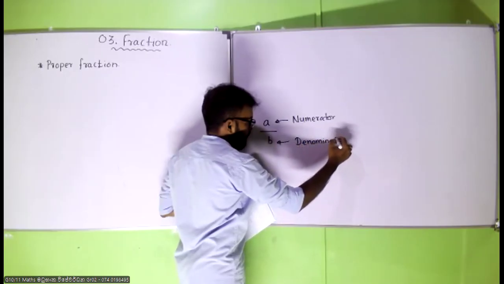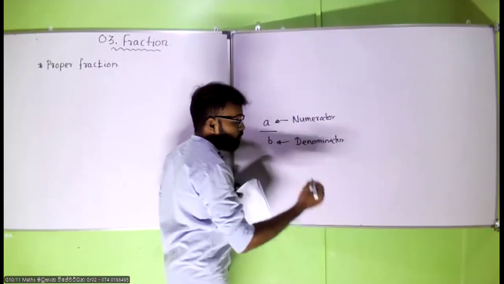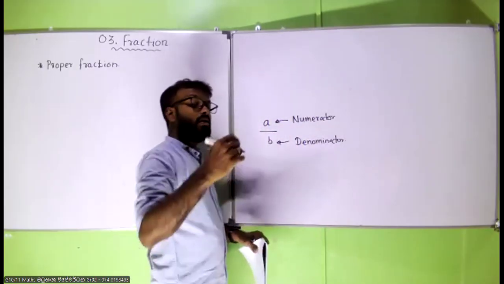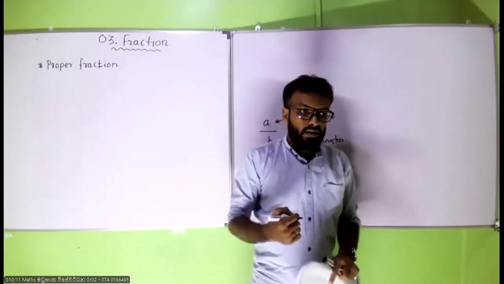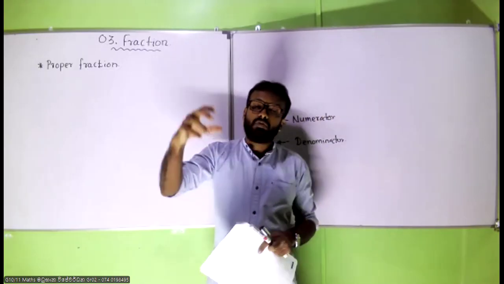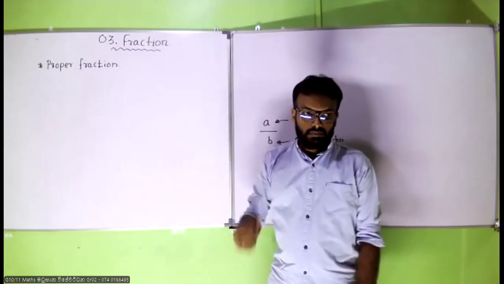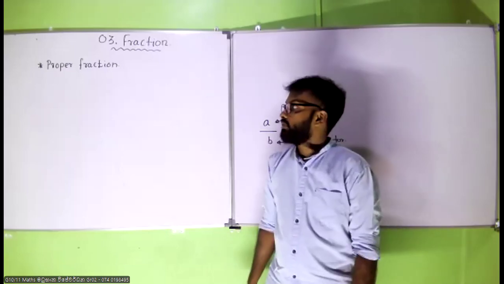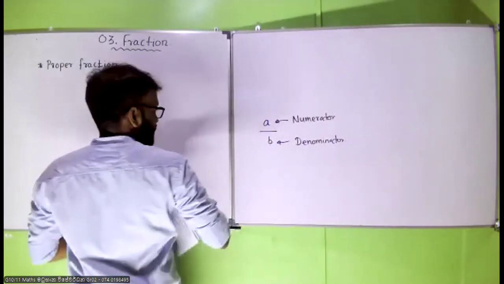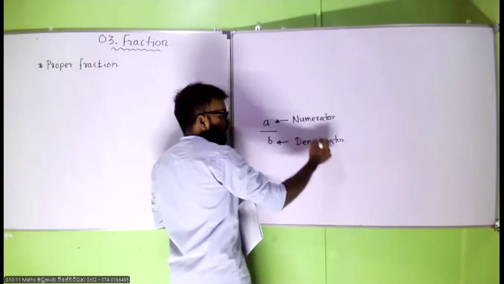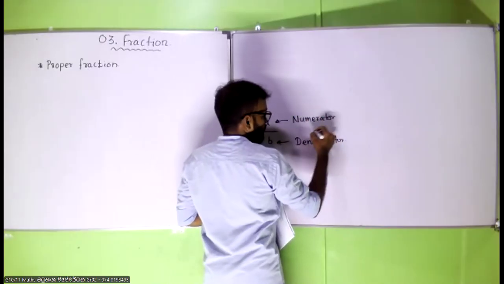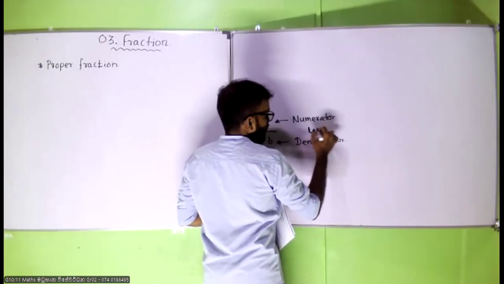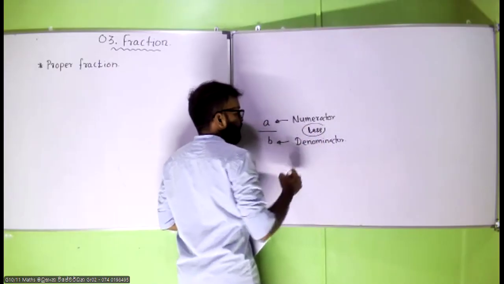And you know this one as well. When it comes to a proper fraction, what could happen? So when it comes to a proper fraction, the numerator is always less than the denominator.